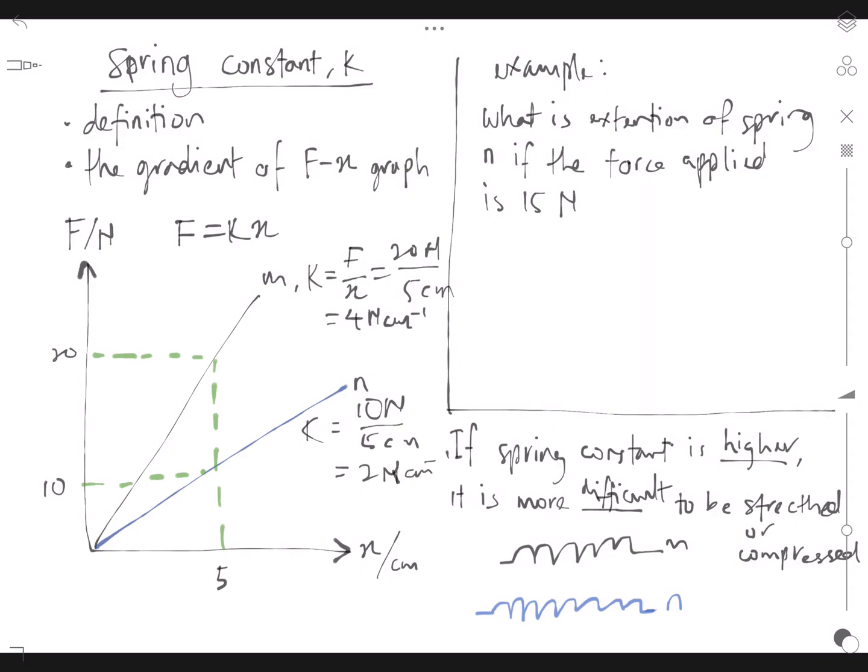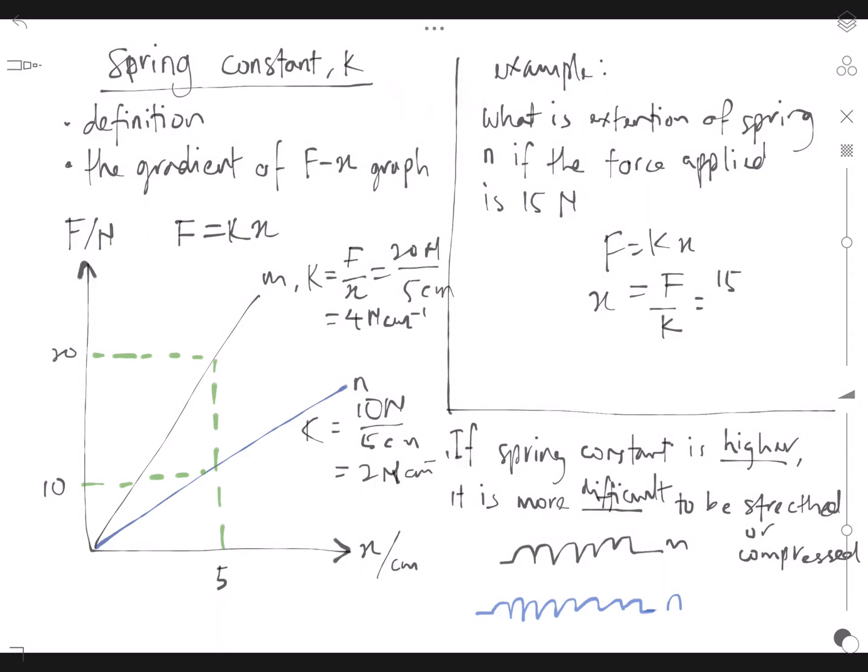The next thing we're going to look at is an example. What is the extension of spring N? Okay, now we are considering this spring. If the force applied is 15 Newton, we already have the spring constant here, so we can apply the formula. F equals Kx. So x equals F over K, and F in this case is 15 Newton.